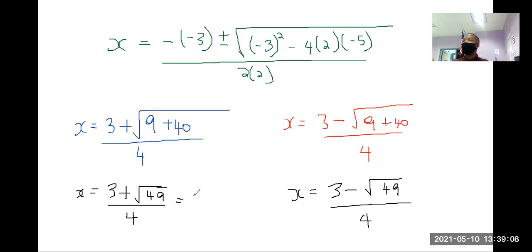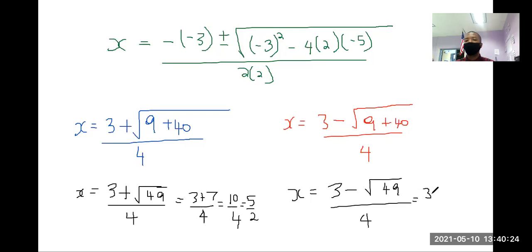Go through and solve. 49 is a perfect square because 7 times 7 is 49. So it ends up being 3 plus 7 over 4. 3 plus 7 is 10 over 4. You could also rewrite this as 5 over 2. You can work the other side out.